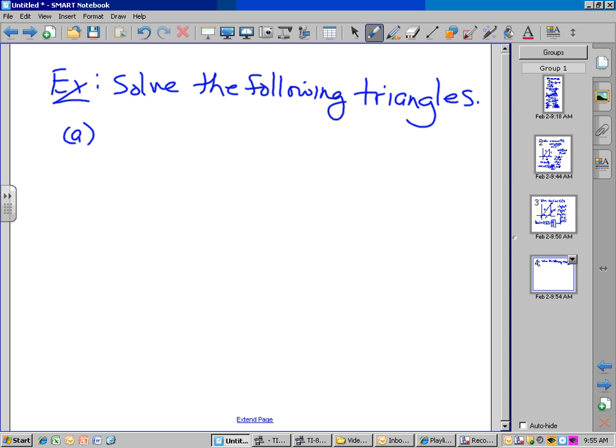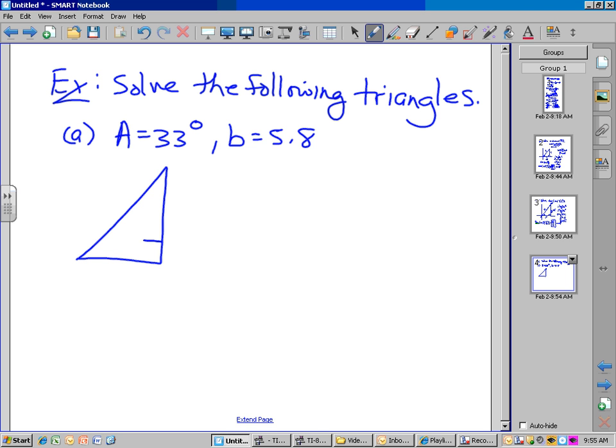Triangle A. Let's see here. Yep, it's exactly like what you just did, and I'm reviewing what you just learned so we can lead into the new.